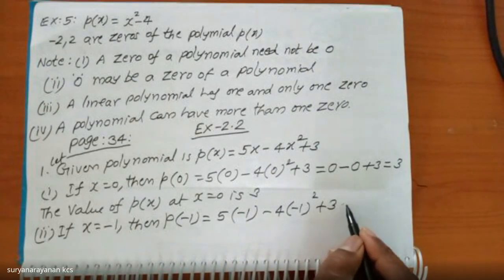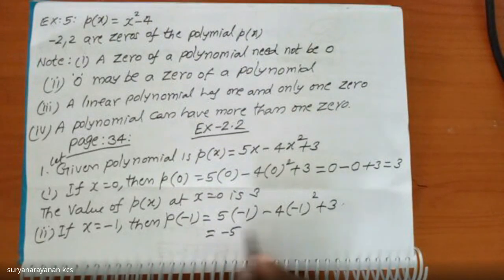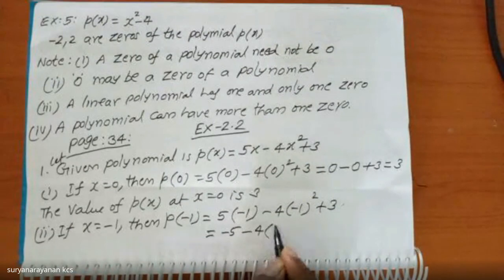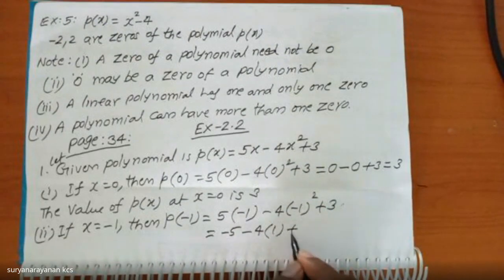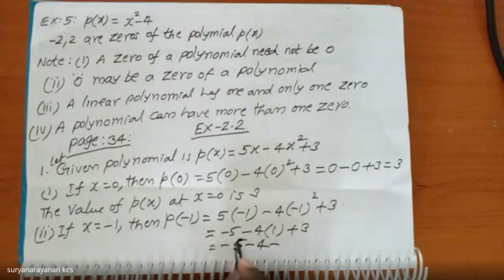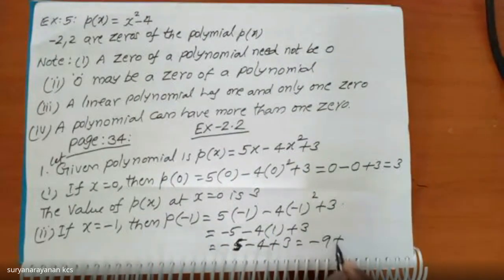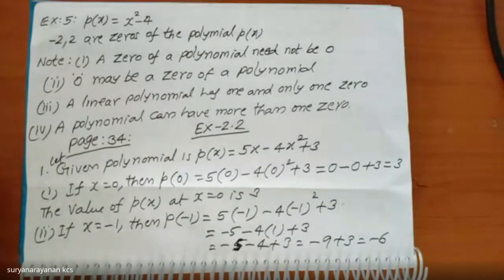Now simplify the terms. What will you get here? First term we get minus 5, 5 into minus 1 is minus 5. Minus 4 into minus 1 whole square. Minus 1 whole square value is 1, so minus 4, plus 3. Minus 5 minus 4 plus 3 is equal to minus 9 plus 3, that is equal to minus 6. This is the value of this polynomial. Okay, my dear children?